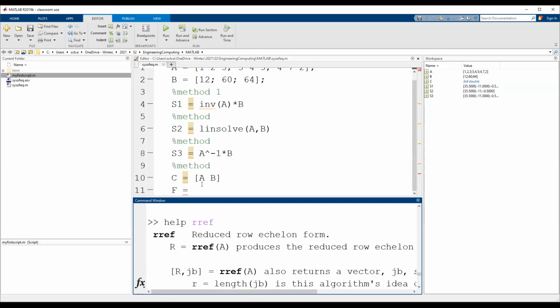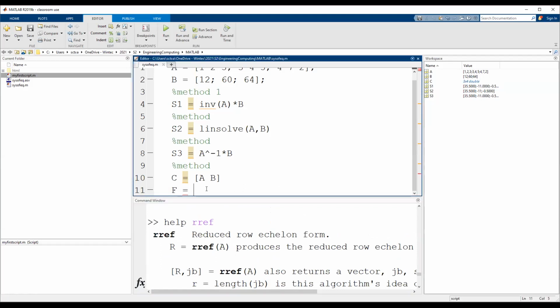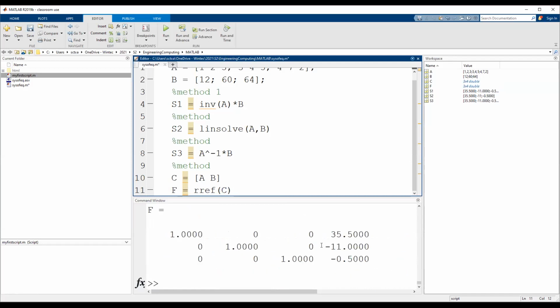When you want to reduce this matrix into row echelon form, you can use this function. So now feed RREF your matrix C. Then we'll see what it produces. See? So now this last column represents the solution of this matrix. For now, I will put a semicolon.